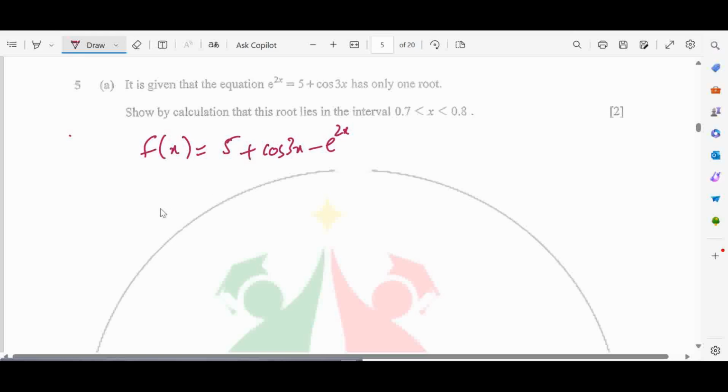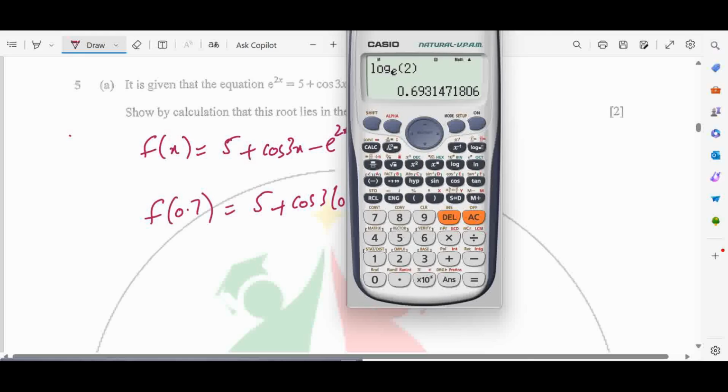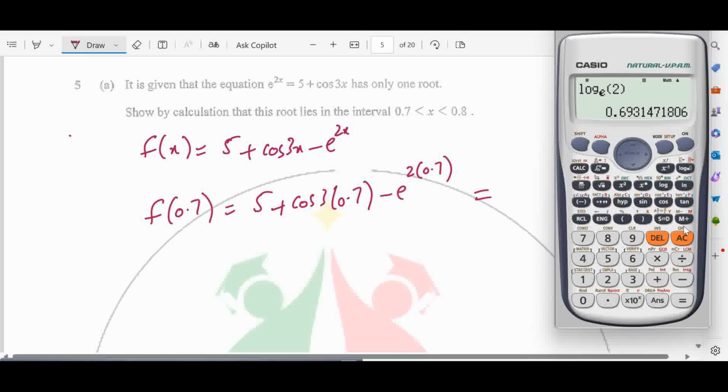Now we need to just find out f of 0.7 is equal to 5 plus cos of 3 into 0.7 minus e power 2 into 0.7. So the answer for the first portion will be, let me use the calculator, and your calculator should be in the radian mode.